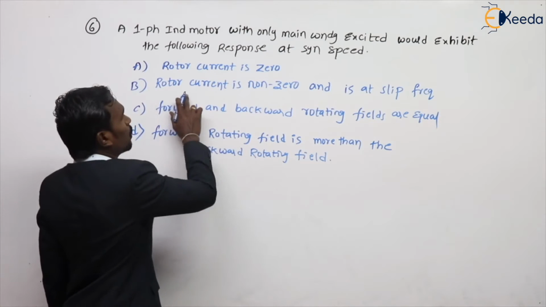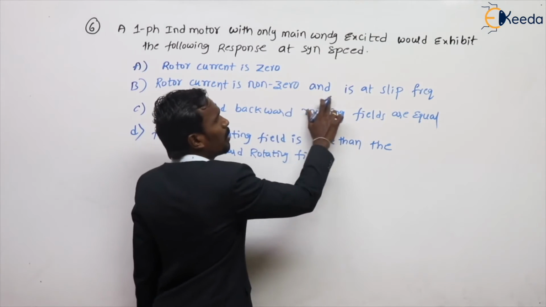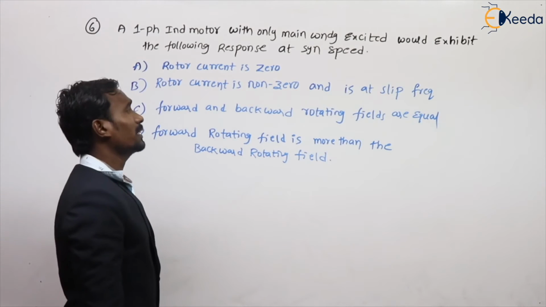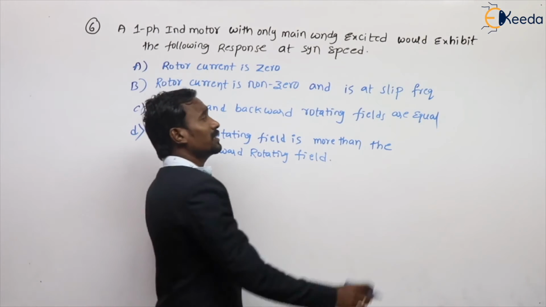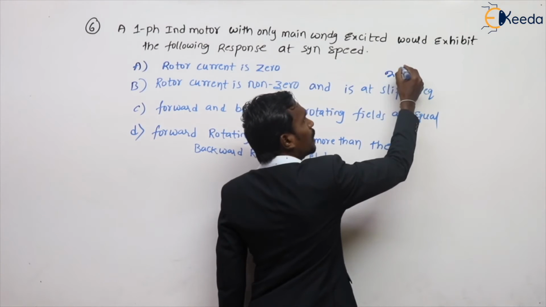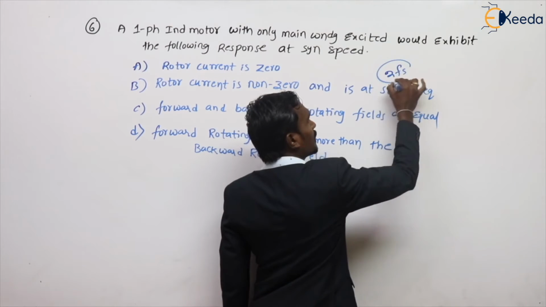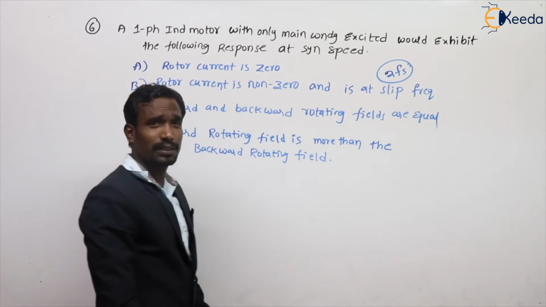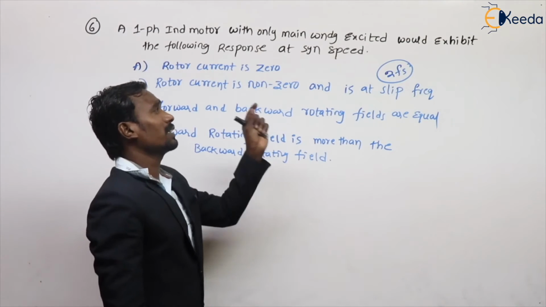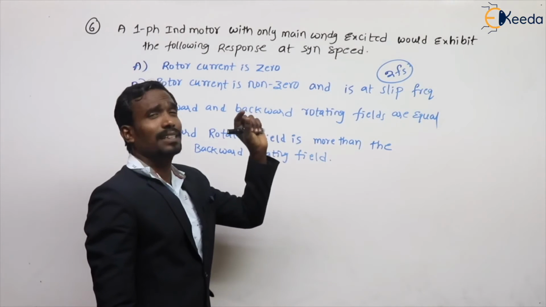And the next one, rotor current is non-zero, okay, but is at slip frequency. Rotor current is non-zero, but it is at 2 times the supply frequency. This is not equal to slip frequency, because here the main winding is excited, but the auxiliary winding is not connected.